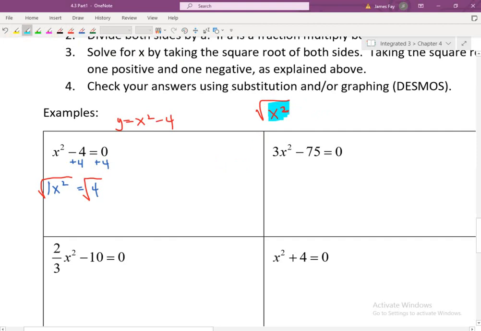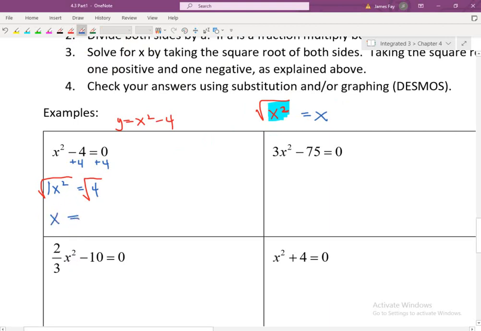When I say the number, I'm talking about, in this case, the variable. So what letter would I multiply by itself 2 times to get x squared? I would multiply x times x to get x squared. So when I take the square root of x squared, that's just going to give me x.